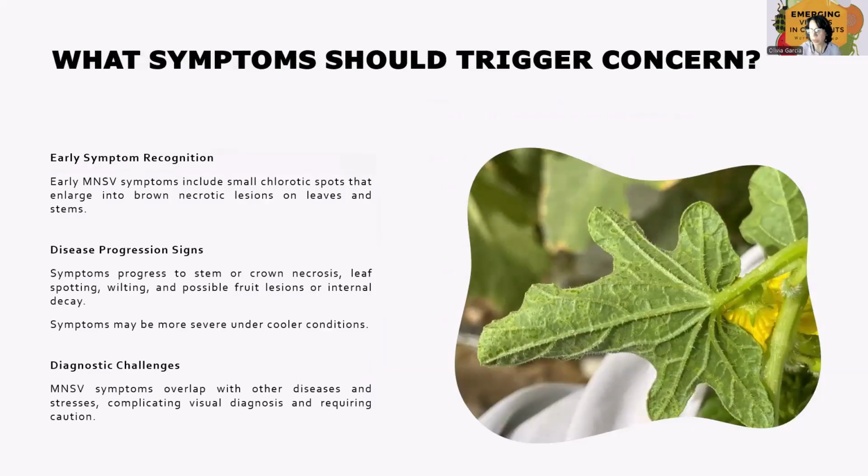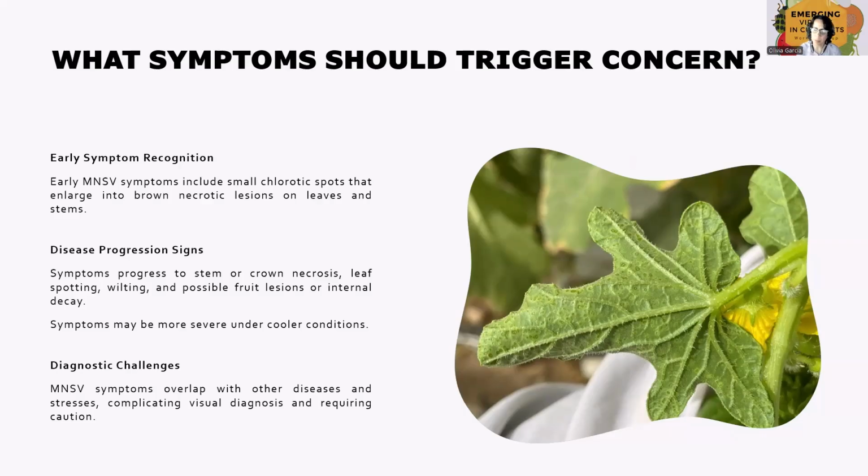MNSV can produce a range of necrotic symptoms, and those symptoms can be different depending on the host, the strain, and the environmental conditions. The typical symptoms include chlorotic spots, like the one in the image, that are still quite subtle. These chlorotic spots later enlarge into brown necrotic lesions on leaves, necrotic streaking or spotting on stems, and can cause necrosis around the crown.